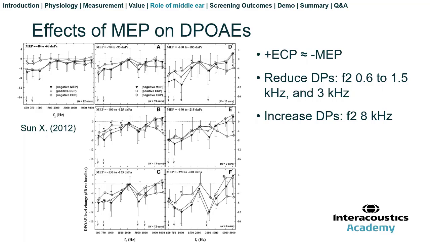And as I alluded to before, when you apply negative ear canal pressure, this is not the same effect as you would get with positive ear canal pressure or negative middle ear pressure. That is shown in pretty much all of these panels, in that the two lines overlaying each other are the positive ear canal pressure and the negative middle ear pressure. The one a little bit deviant from the other two lines is the negative ear canal pressure.